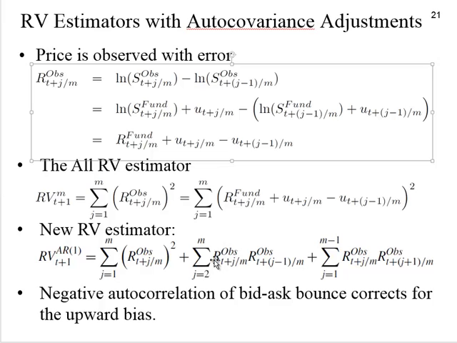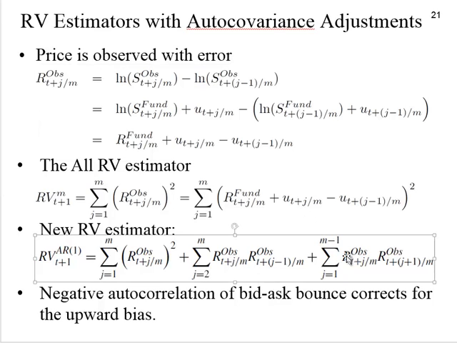Since we're trying to correct for the bid-ask bounce, those 2 error terms should be negative, indicating that you go from bid to ask and then back from ask to bid. The fact that they are negative corrects for the overestimation of the All RV Estimator in its new estimator with autocovariance adjustments. Notice that these 2 terms are identical.